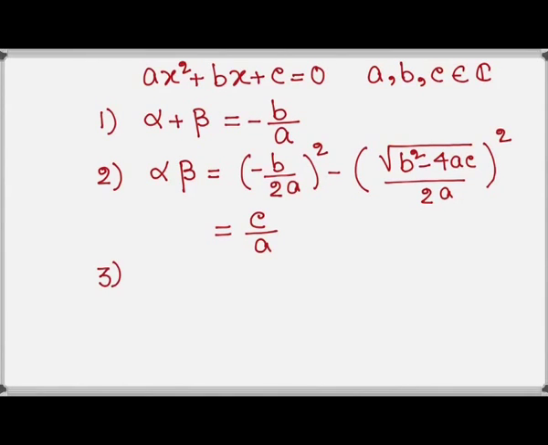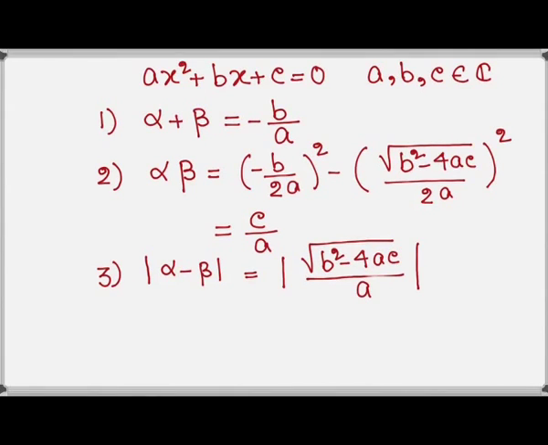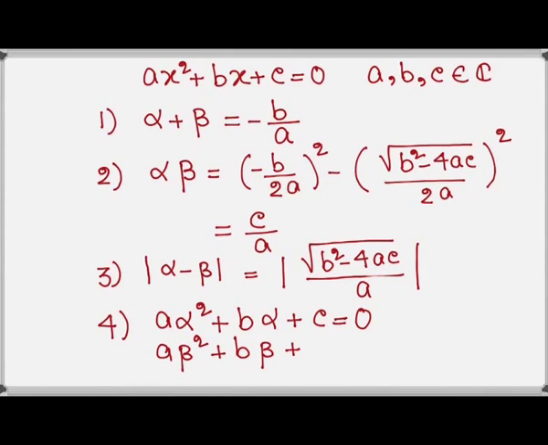And the third thing is that the distance between the solutions alpha and beta is modulus of square root of b square minus 4ac divided by a. And the last equality, a alpha square plus b alpha plus c is equal to 0, and a beta square plus b beta plus c is equal to 0.